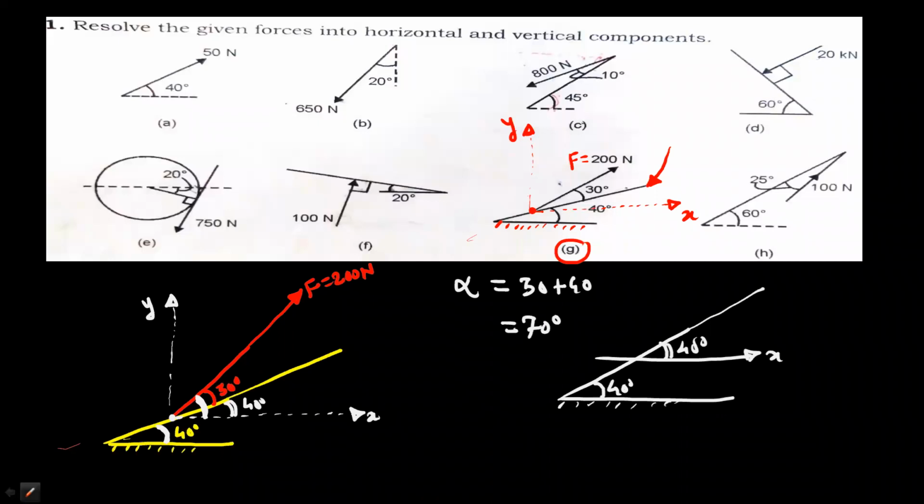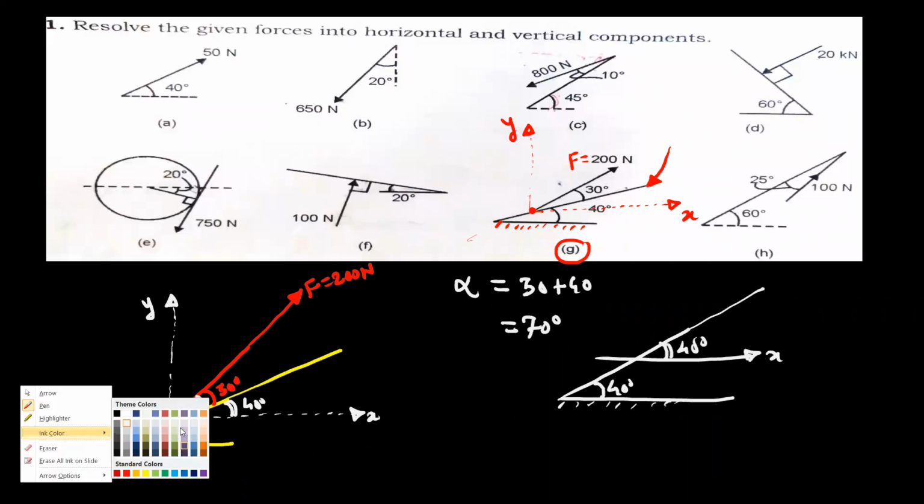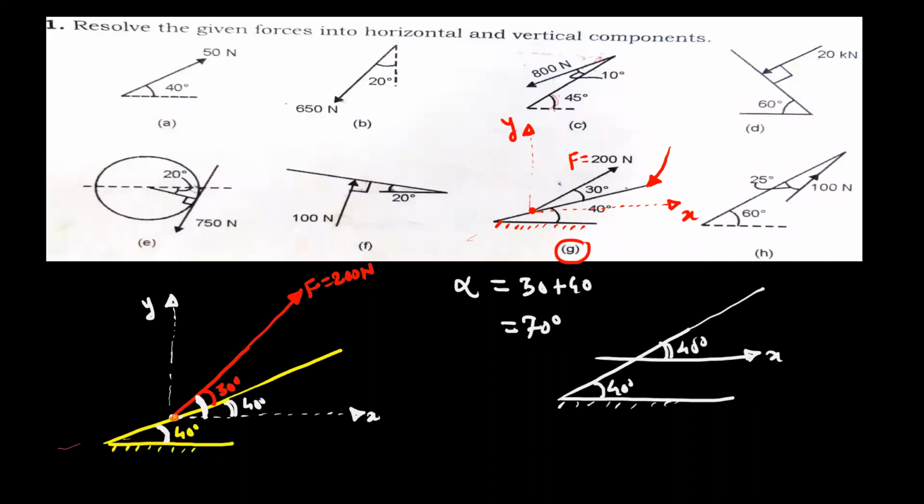And now we can show the component. So you can resolve at this point. So this is the x component and this is the y component. So Fx is equal to net force 200, or Fx is adjacent to angle alpha, that is the total angle.